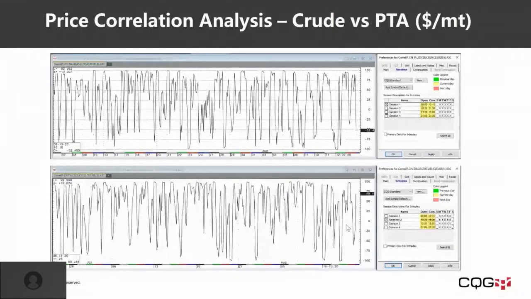And what we find is that there is a higher correlation with WTI during those two sessions rather than the afternoon and the evening sessions.